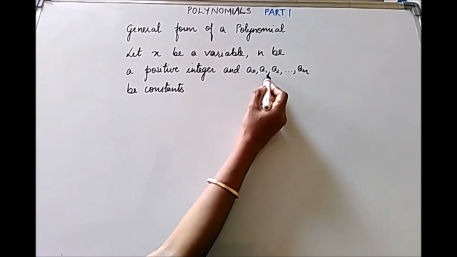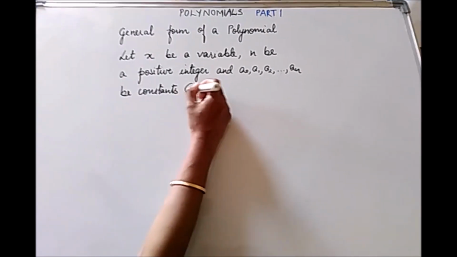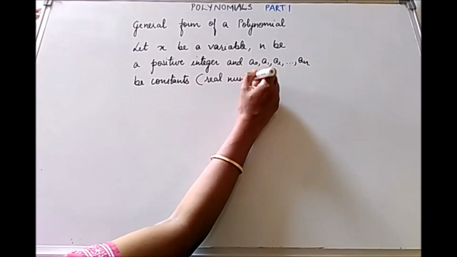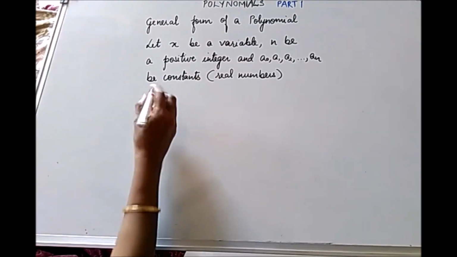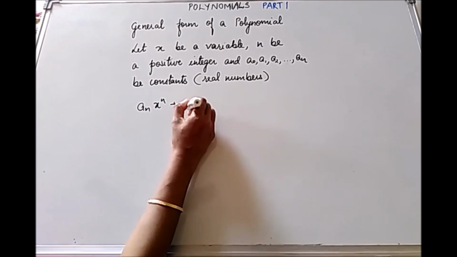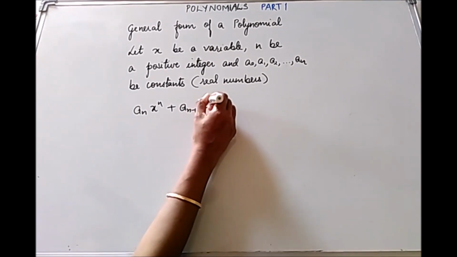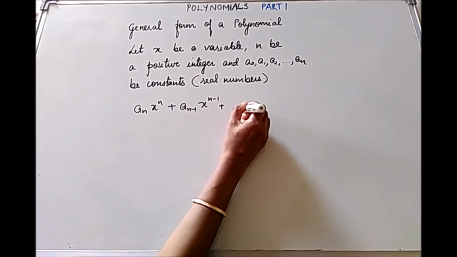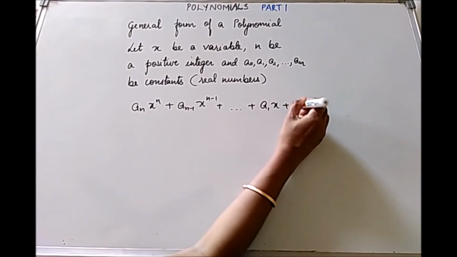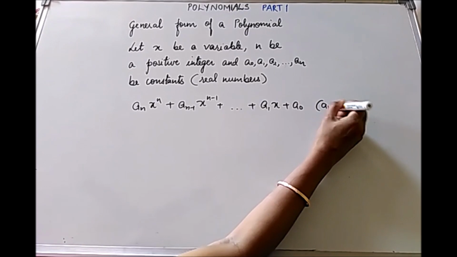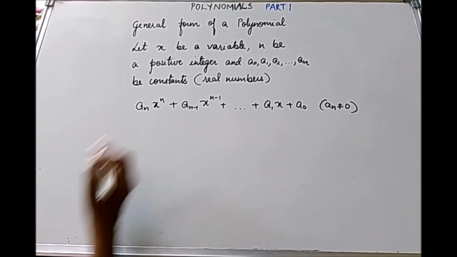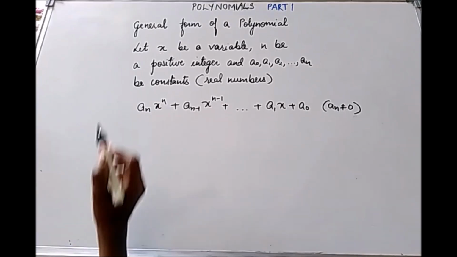That is, a0, a1, a2 up to an are any real numbers. Then an x raised to n plus an minus 1 x raised to n minus 1, and so on till a1 x plus a0, where an is not equal to 0, is called a polynomial in variable x and degree n.